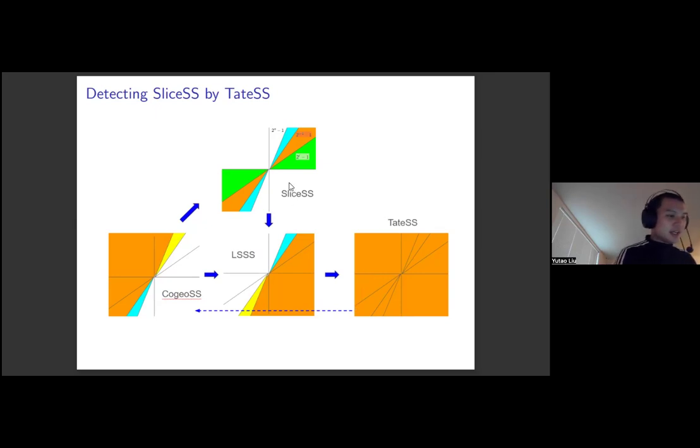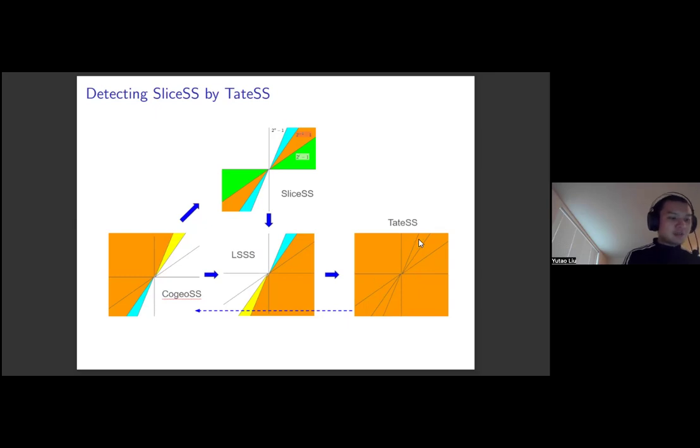So as you can see, I divide different regions with different colors, and the maps induce isomorphisms on the regions with the same color. If you compare this composition from slice to localized slice and then to Tate, they will be isomorphic by this arrow from this region, the orange region in the positive cone between the line with slope 2^I minus 1 and the line with slope 2^(I+1) minus 1, to the Tate in the corresponding region.